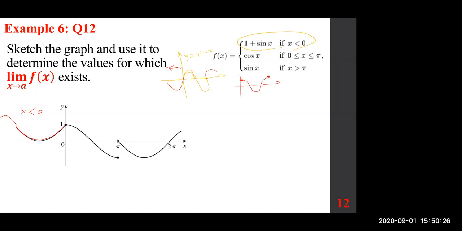Then we have a portion of a cosine from 0 to pi. I hope everybody realizes that this is pi. So this is cosine. Let me give it numbers 1, 2, and 3. So this is number 1, this is number 2, this is number 3, and it continues indefinitely.